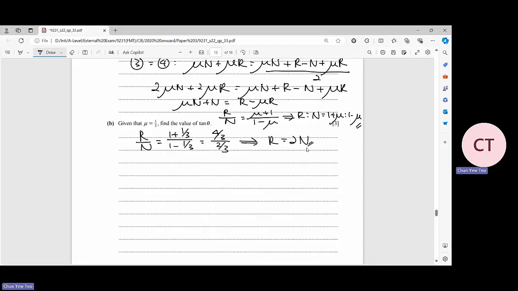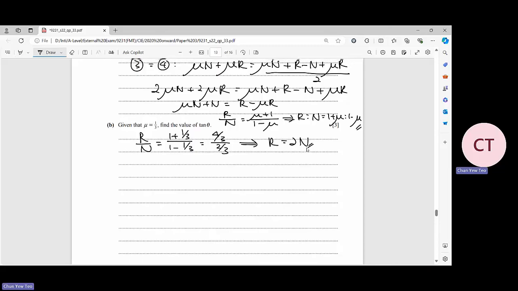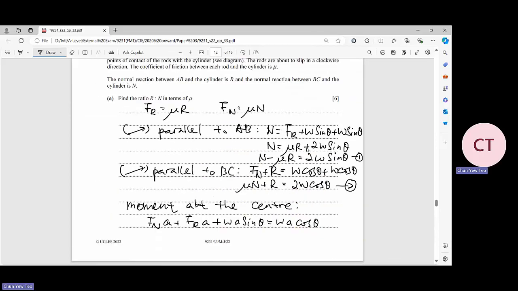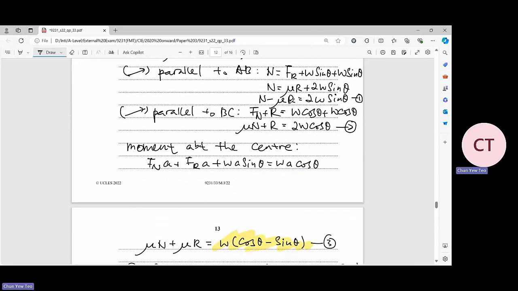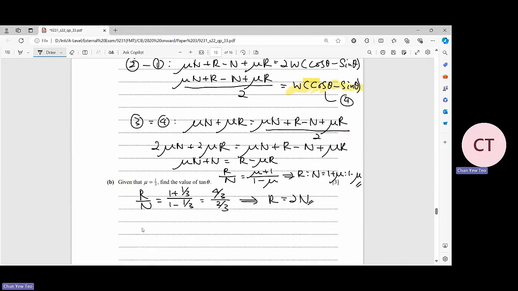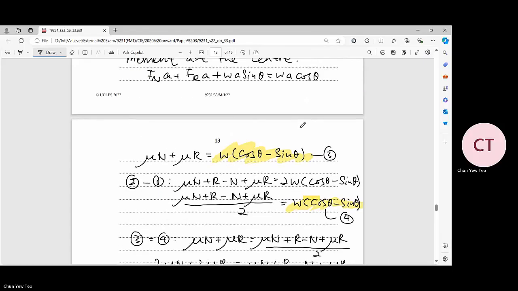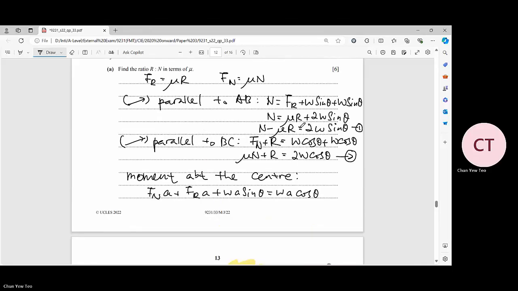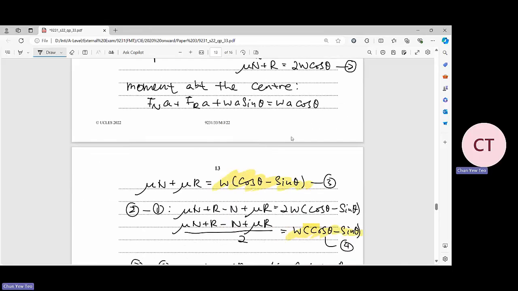Okay, so from here, R is equal to 2N. From equation number 1, we want to find tangent theta, right? From equation number 1, R is equal to 2N, mu is equal to 1 over 3.